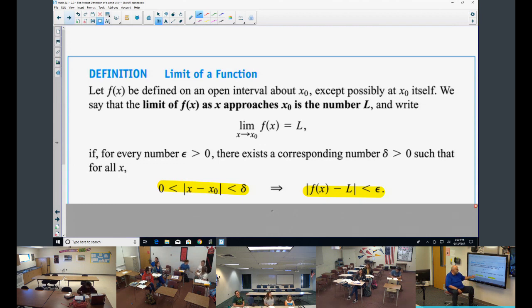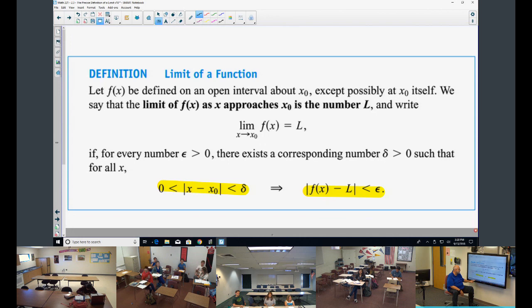We'll say 0 is less than the absolute value of x minus the target, is less than delta, implies that the absolute value of f of x minus the limit is less than epsilon. In different problems, we'll be given different parts of this, and so we'll have to use this. Okay?